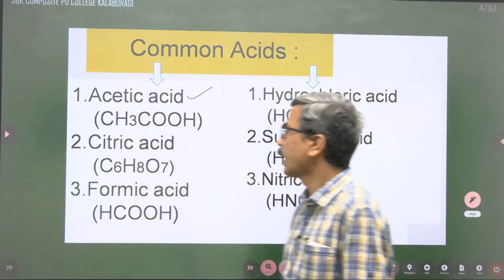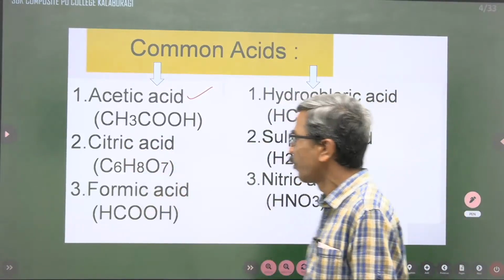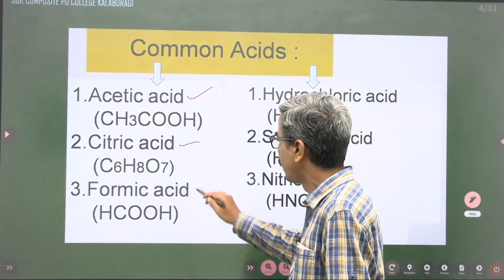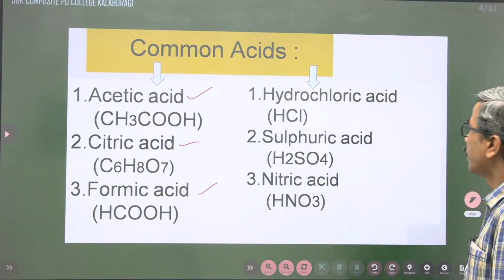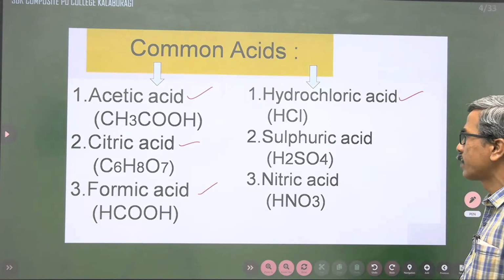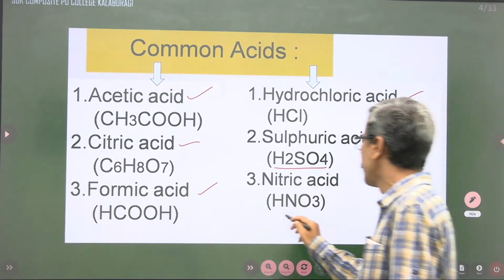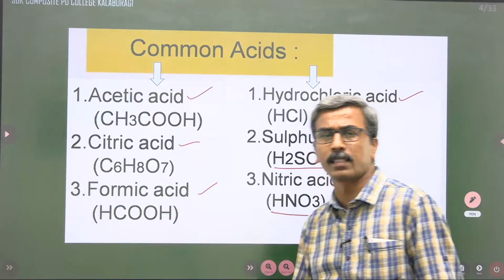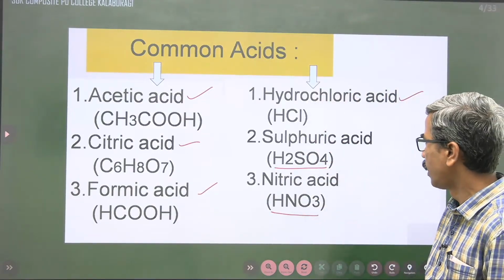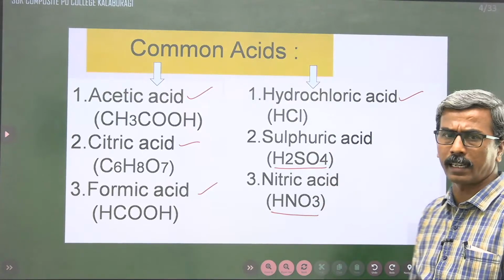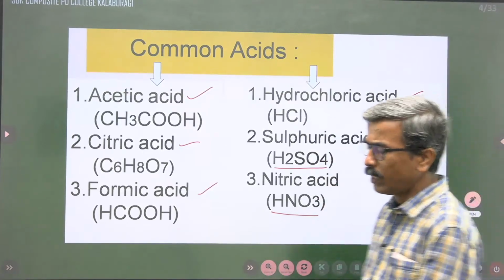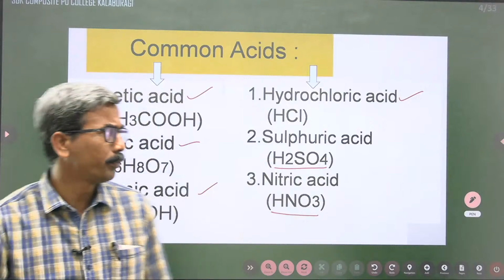Next, citric acid, where I have written the molecular formula directly, and the next one is formic acid. Then hydrochloric acid, which is repeated. This is the formula for sulfuric acid, and another example of an acid is nitric acid. So these are some common acids which we come across.